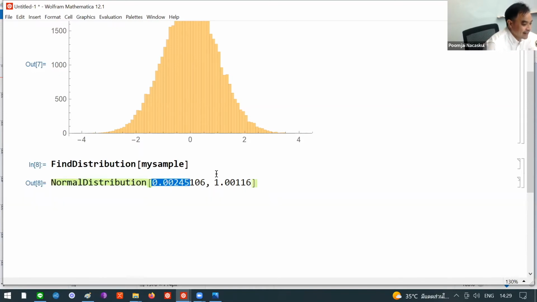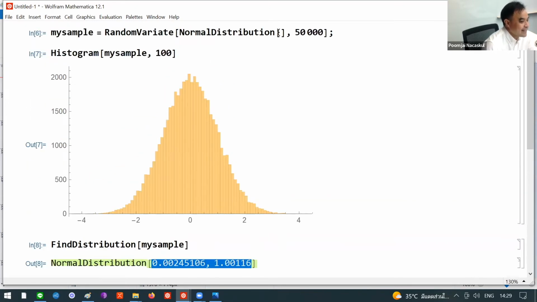But look, it comes up with some other numbers here. Well, what I did was I used what's called a default setting. Think of it as two buttons, two tweaks. One button I set to 0 and one button I set to 1.